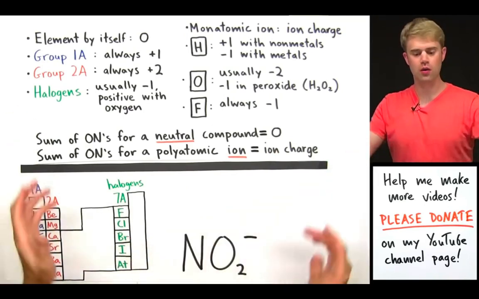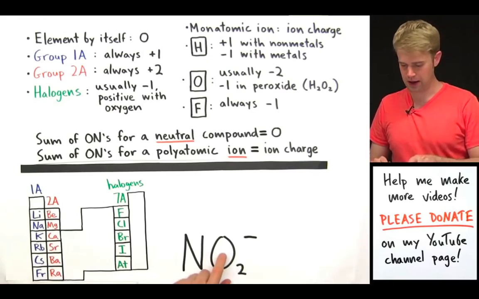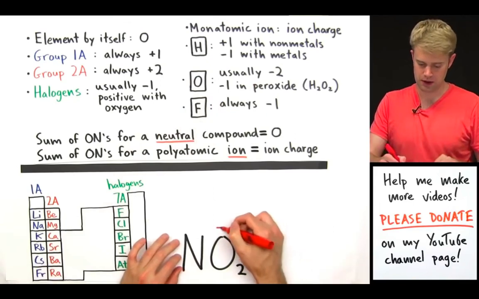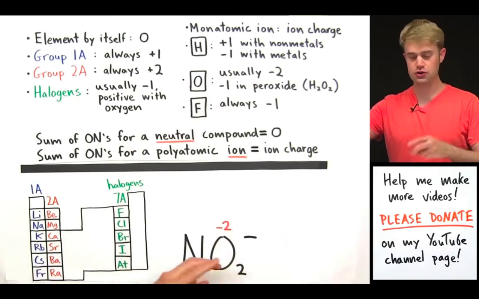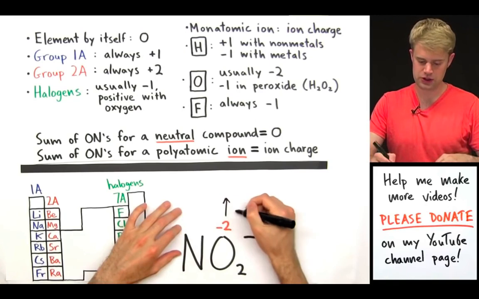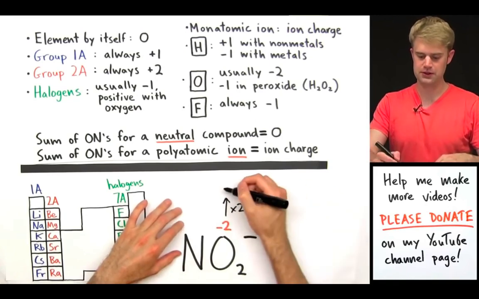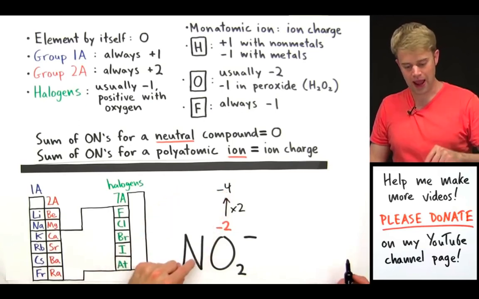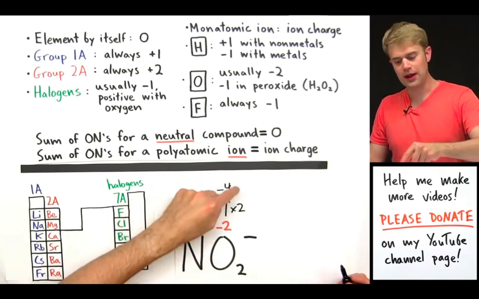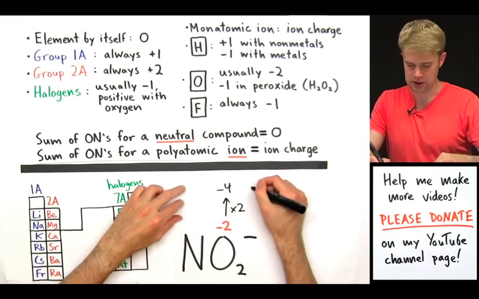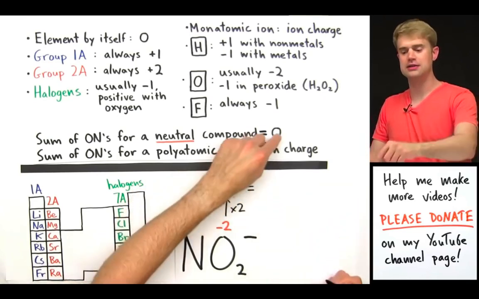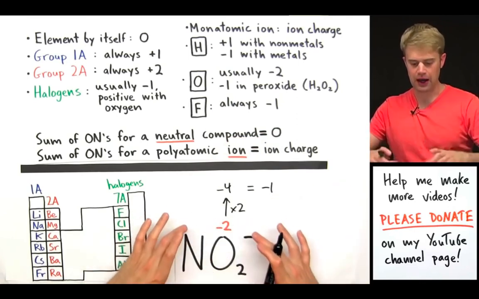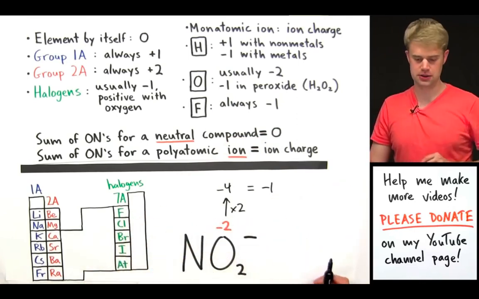Nitrogen, we don't know what its oxidation number is going to be, but oxygen here is usually -2. We have 2 oxygens, so -2 times 2 is going to give us -4 altogether. Now, whatever nitrogen's is, when we combine it with -4, we need to get not 0, but -1, because that's what the ion charge of NO2 1- is.